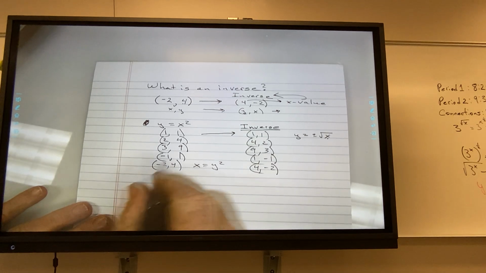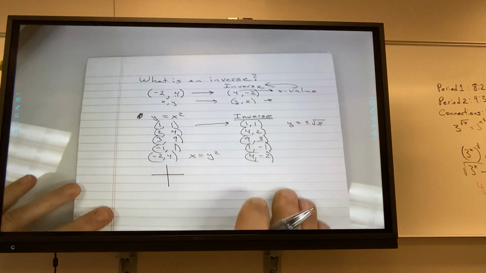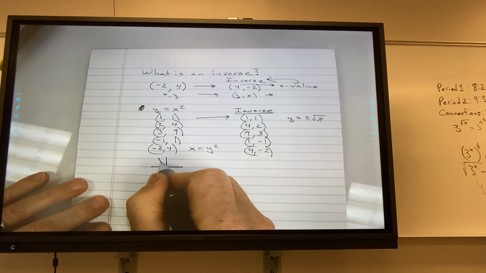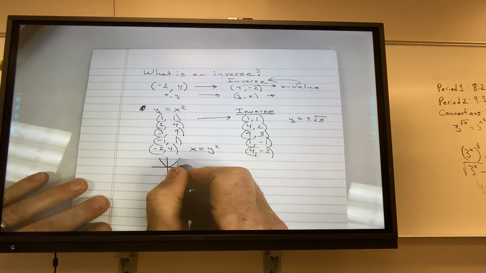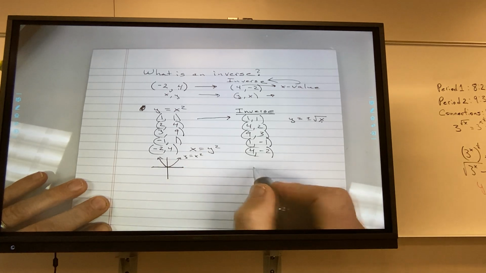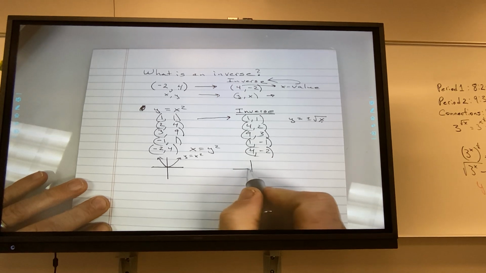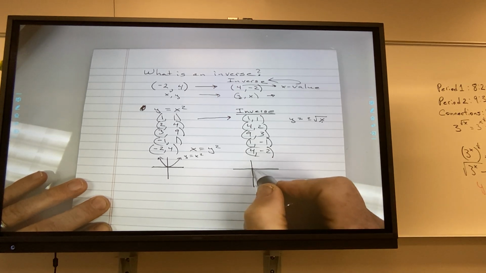So everybody knows, hopefully you know this, that the graph of this looks like this. That's y equals x squared. Its inverse looks like this.